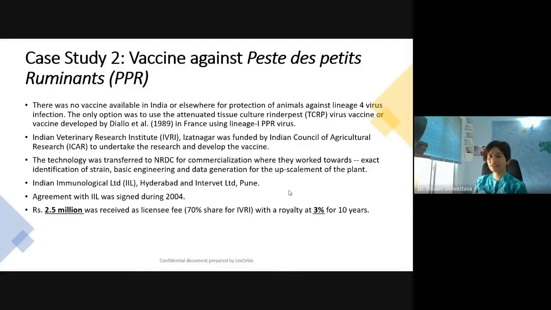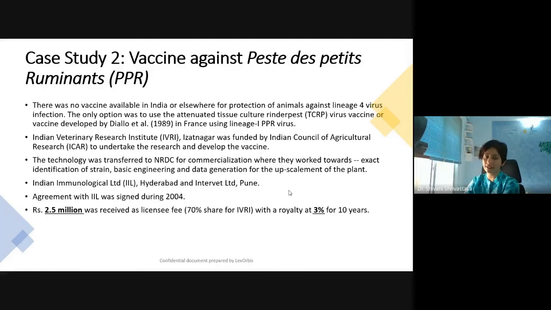This is another case study, related to animals, where the animal is infected with lineage 4 virus, and there was no vaccine available in India at that time. IVRI, the Indian Veterinary Research Institute, was funded by ICAR, and they started working on the technology.